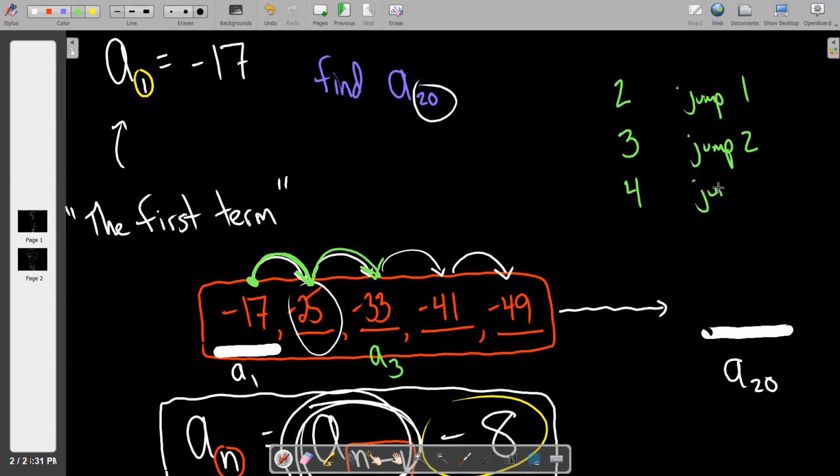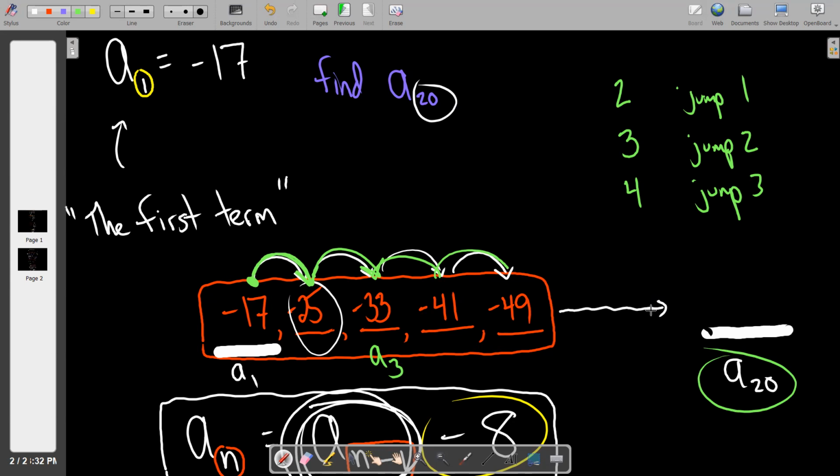Good. Now I don't have to keep writing these because you understand the number of steps you take is not the same as your destination. If I start on the number 1 and I walk forward 10 steps, I'm not on 10, I'm on 11, right? So if I want to get to the 20th platform, how many hoppity hops do I have to go to get to the 20th level?